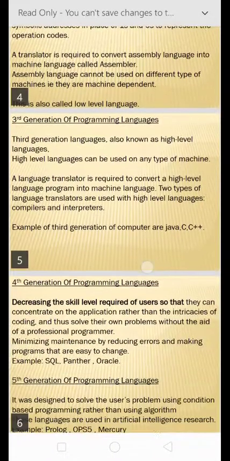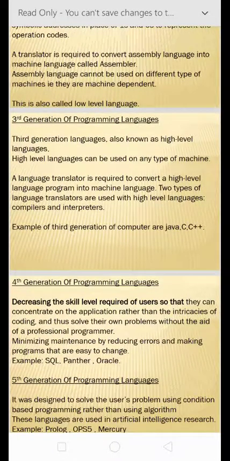The third generation programming language is high level language. It was easy to develop, learn, and understand the program. As the programs written in these languages were less prone to errors, they are easy to maintain.